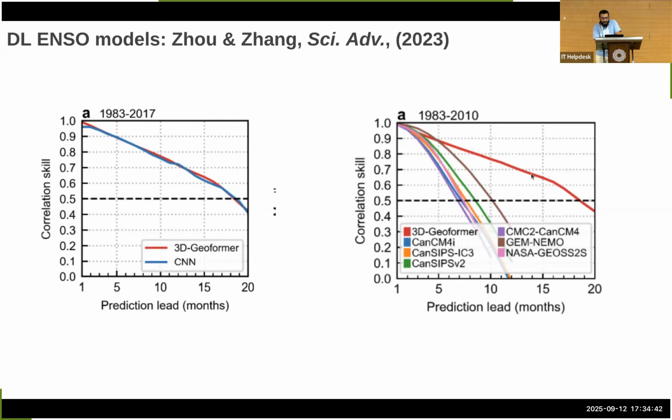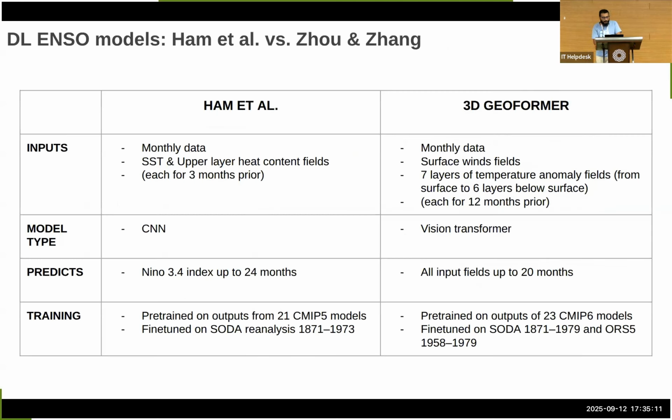Here the red line is the correlation skill of the Zhu and Zhang model, which they call the Geoformer model, and it is doing way, way better than the physics-based models. The correlation skill goes up to 17 months, whereas the best performing model, the GEM-NEMO, has a correlation skill up to only 10 months, right? So this is the background for what kind of models exist for ENSO.